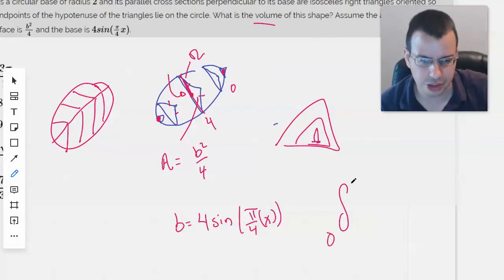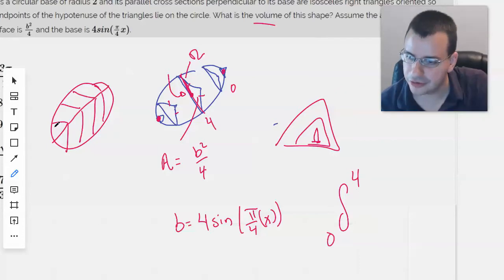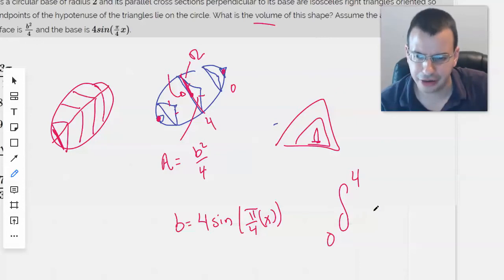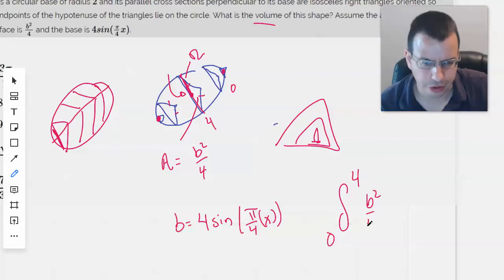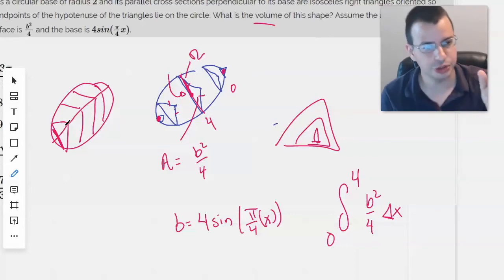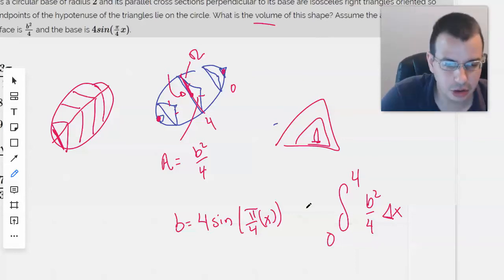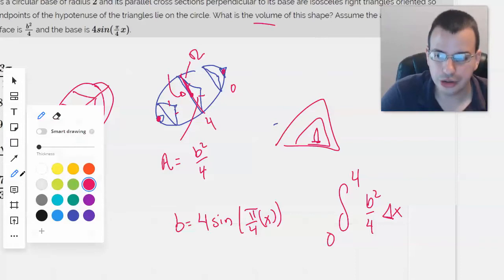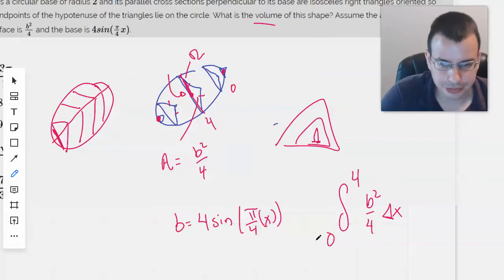We'll integrate from 0 to 4. We take the area of the triangle, which is b squared over 4, times delta x, the width of the triangle, which gets smaller and smaller toward 0, which then allows us to do the integral.